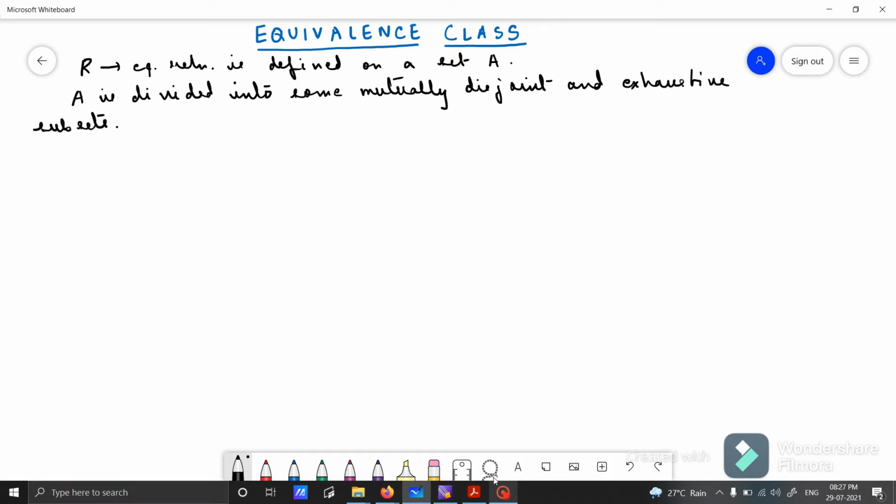Now two terms here are important. One is mutually disjoint and the other is exhaustive. Let us see what they actually mean.